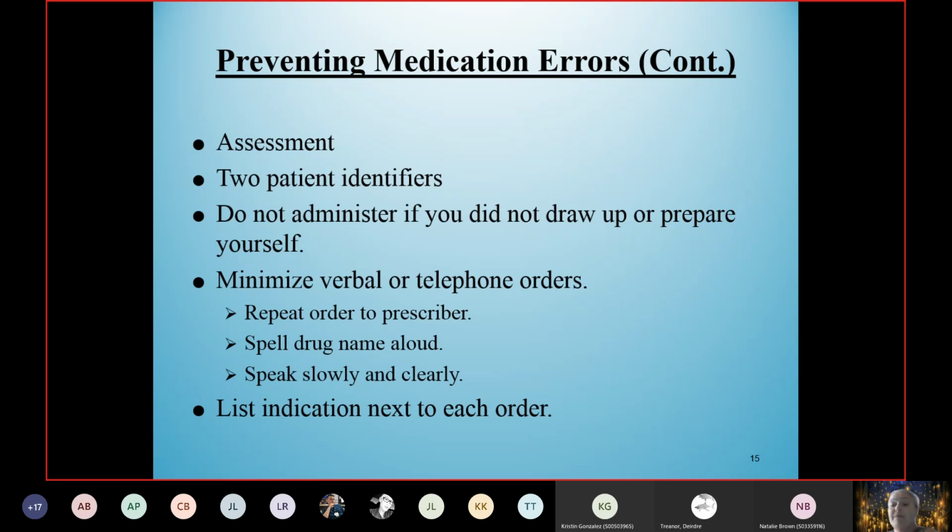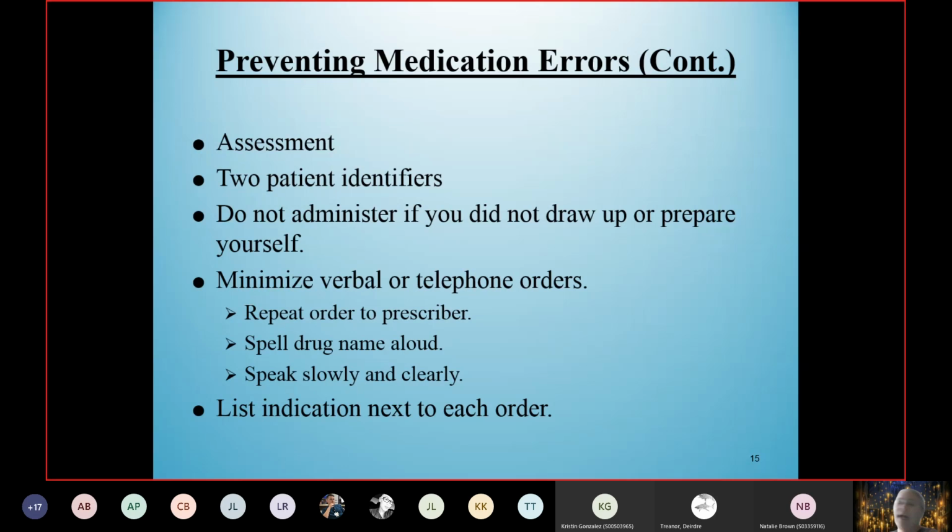You also want to keep verbal and telephone orders to an absolute minimum because a lot of errors occur there. So if you call up Dr. Jones and you say, Dr. Jones, your patient's running a temp of 102.3, can I get an order for acetaminophen?